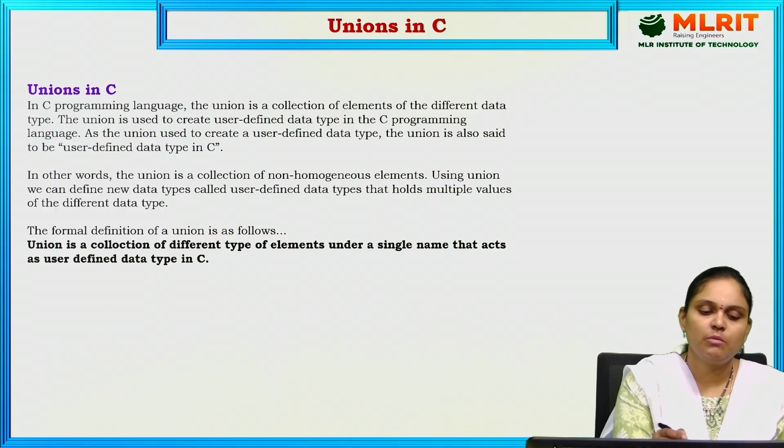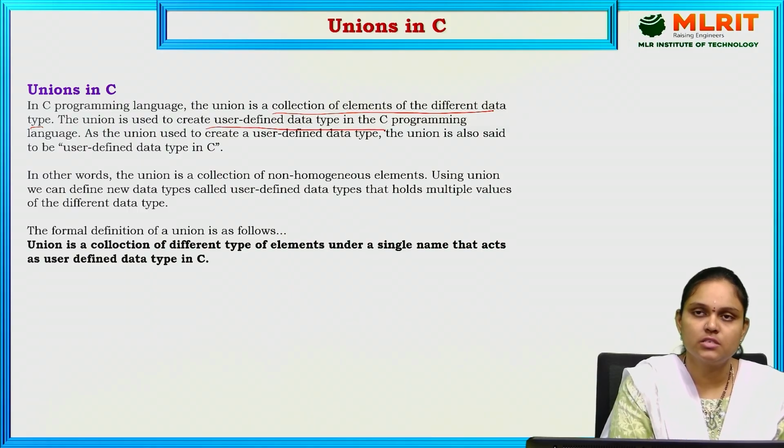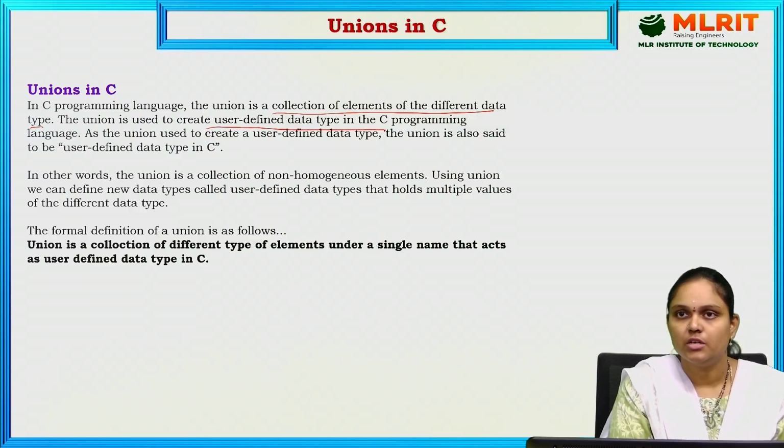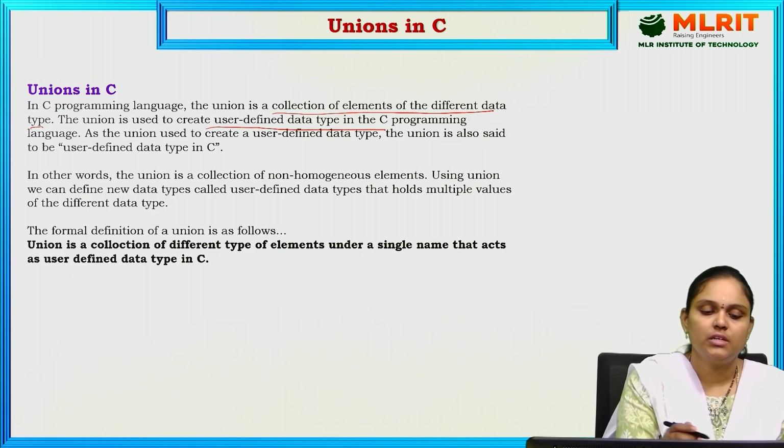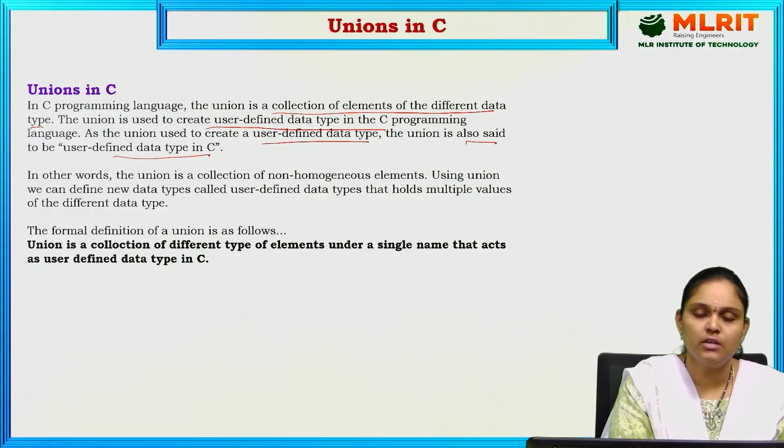In the C programming language, union is a collection of elements of different data types. The union is used to create a user-defined data type in C. It is also used to collect different data type elements, as a structure does.